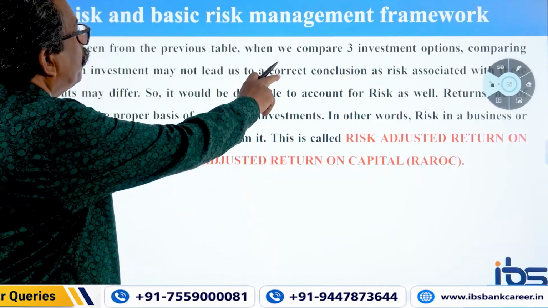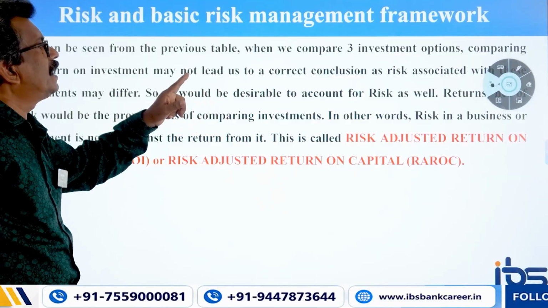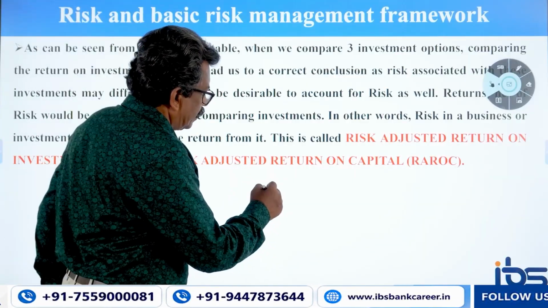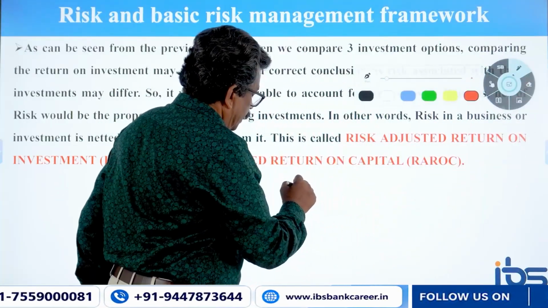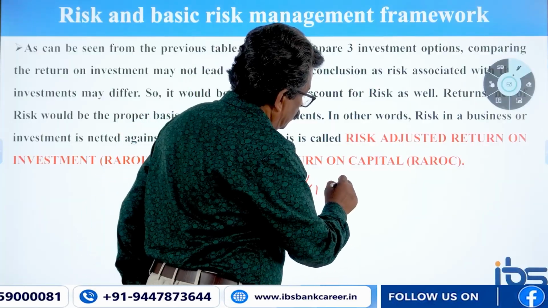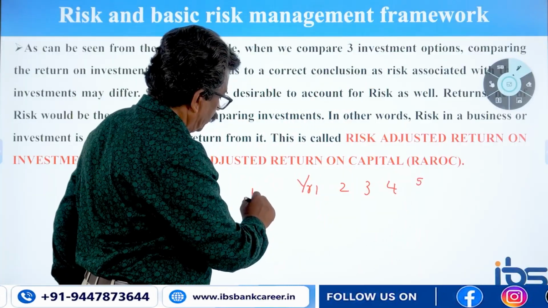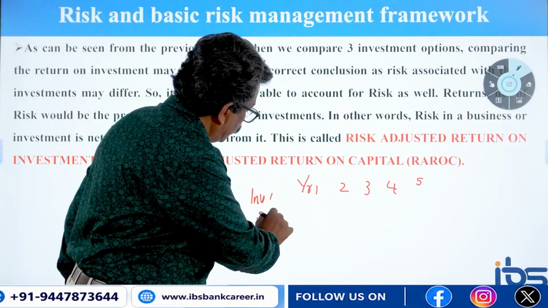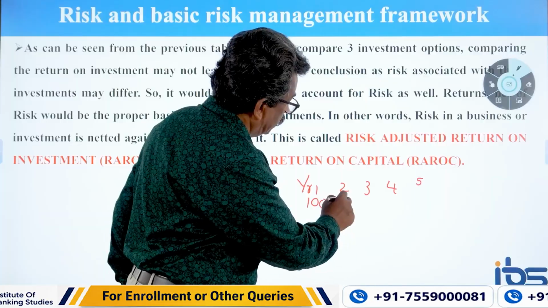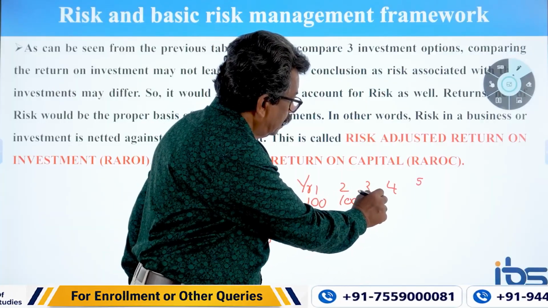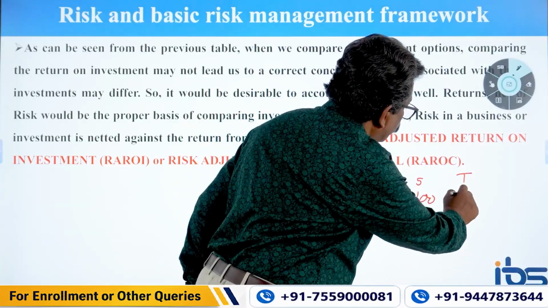When we compare those three investment options, comparing the return on investment may not lead us to a correct conclusion. See investment 1, year 1, year 2, year 3, year 4, year 5. Here you got 100, 100, 100, 100, 100, so the total will be 500.